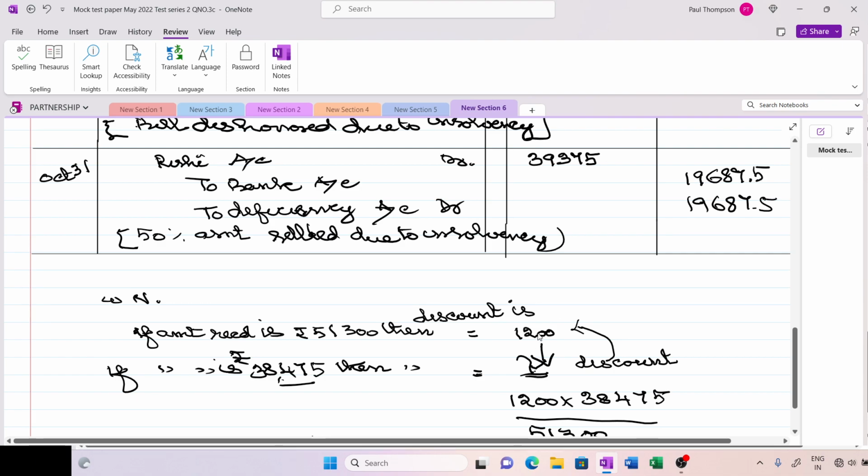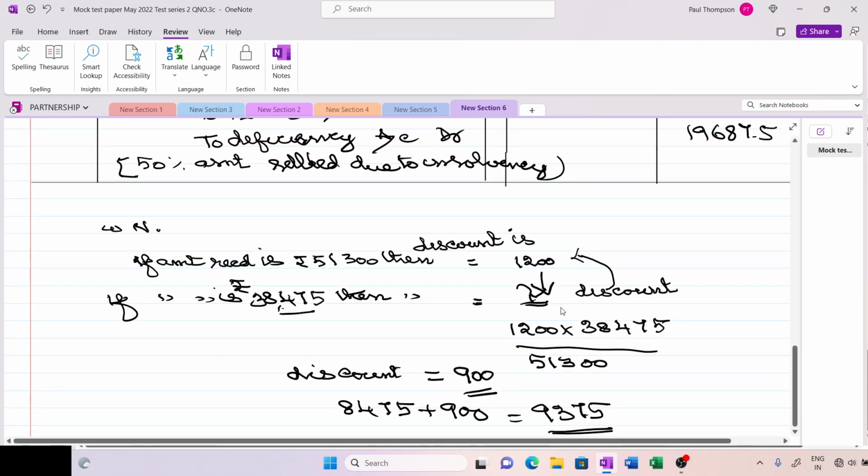I know 1,200 is the discount against that 52,500 bill, so amount received is only 51,300. So amount received I know, and for that I know the discount. So now for this amount received, 38,475, what would be the discount charged by Rishi? So you have to bring this down, multiply this line and divide it by this number. So everywhere it will work.